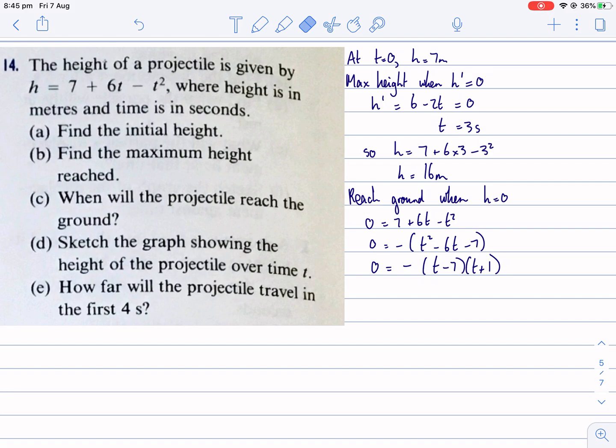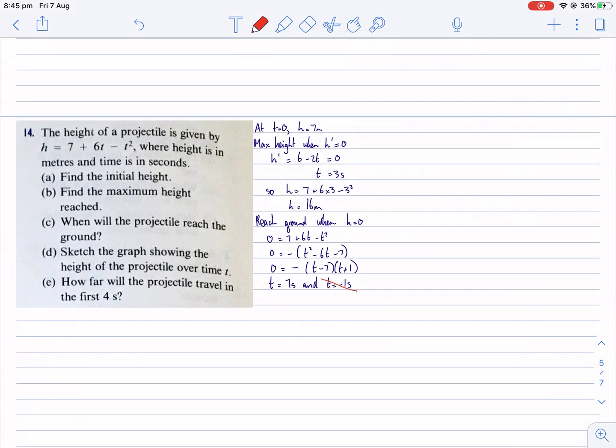That's it. So we've got 7 seconds and -1 seconds, but obviously we can't have negative time. I'm not going to sketch that.